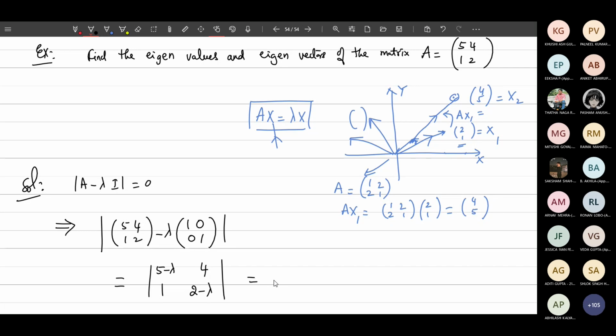So you just compute the determinant: 5 minus lambda into 2 minus lambda, minus 4. Minus 4 here. Of course, I am equating this to 0.